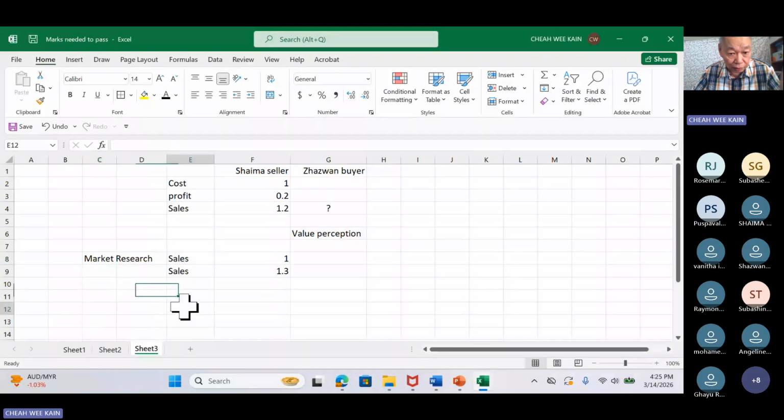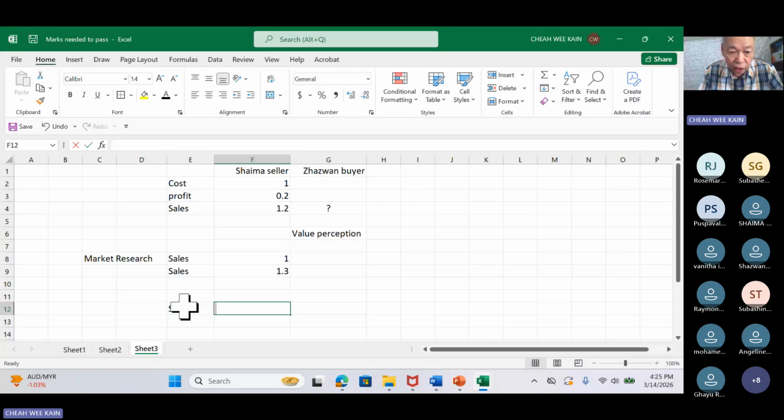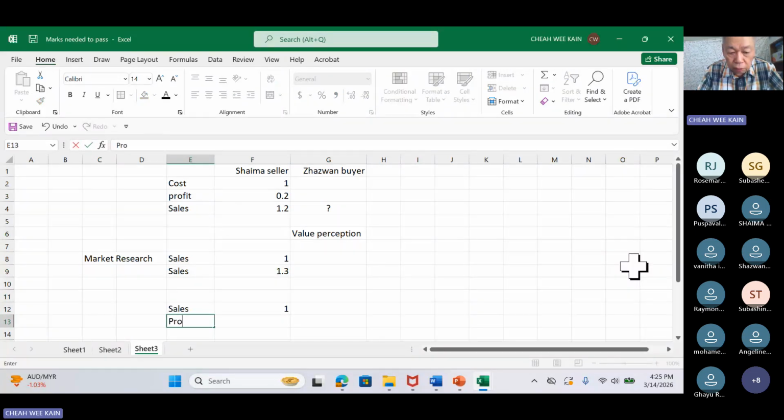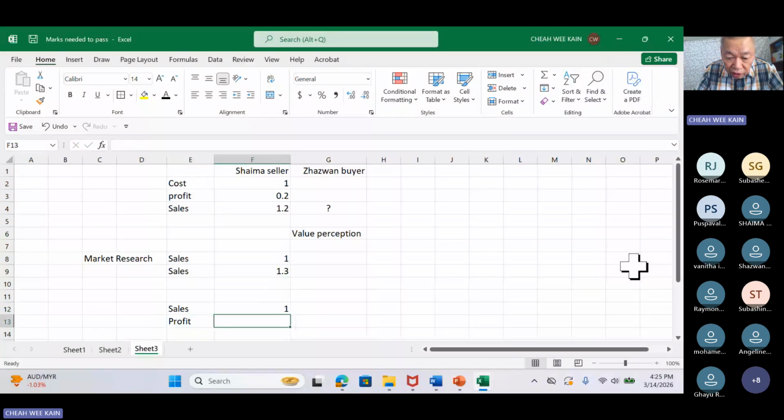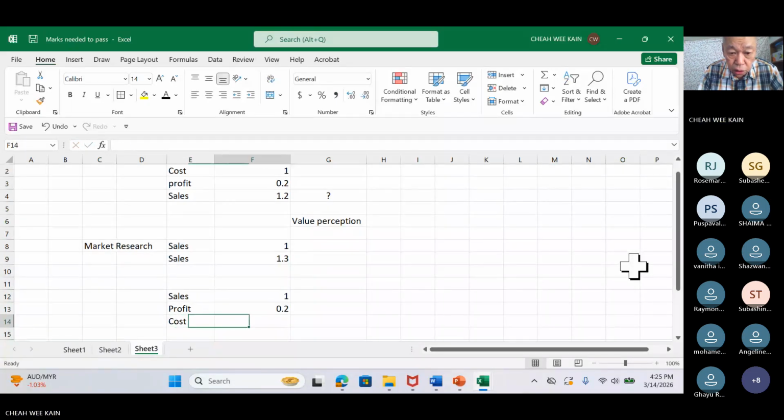So now what happened? If after market research, they found that it is $1, and therefore, if you still want to have profit, listen carefully to me. If you still want to have a profit of 20 cents, this should be your cost. What should be your cost? It is 80 cents.